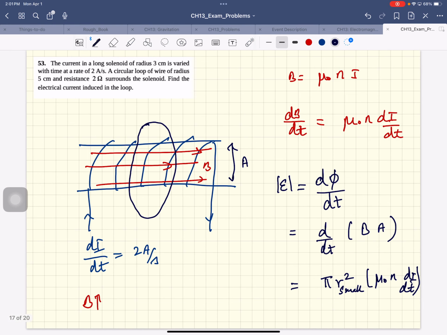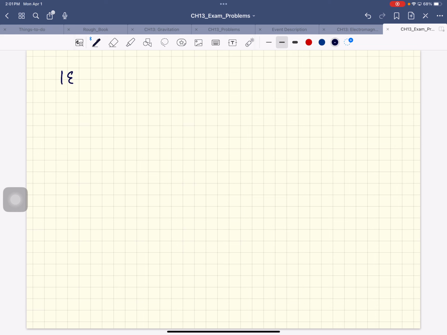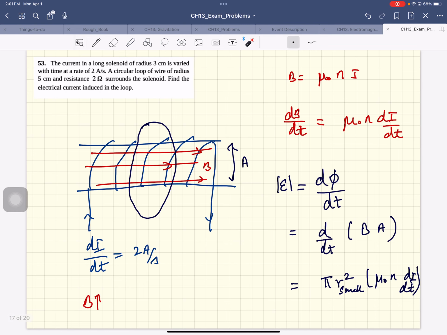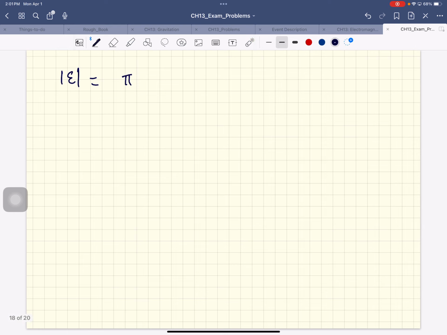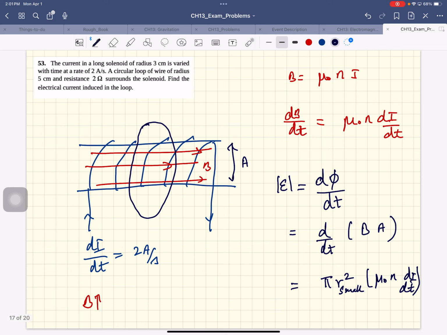All right, so the induced EMF is pi times the radius of the solenoid, which is 3 centimeters, so 0.03 meters squared, times mu naught n di by dt.